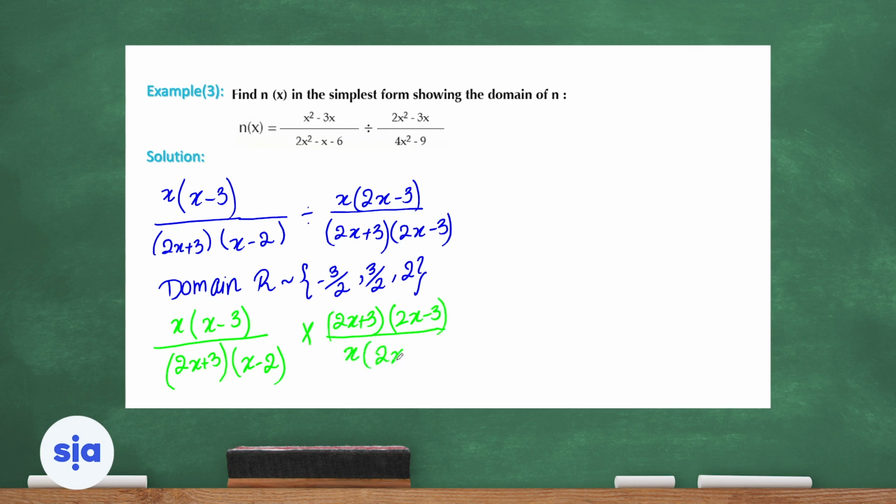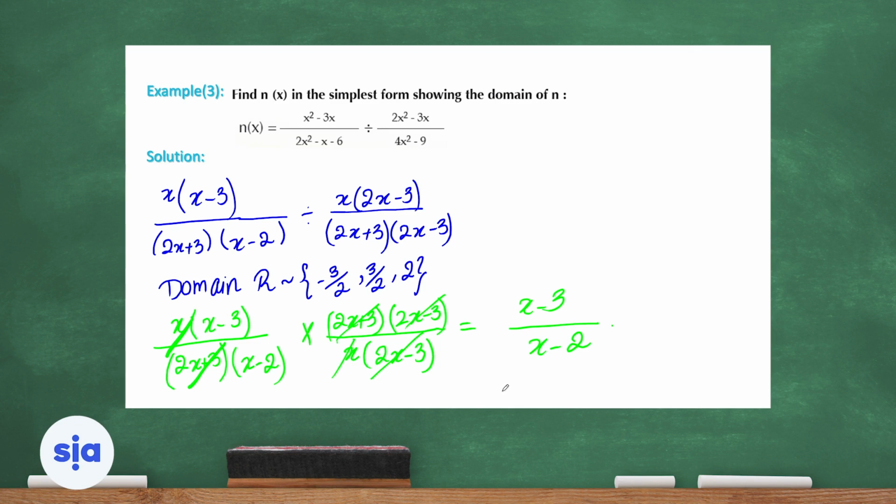Now start crossing out, start simplifying. So the 2x minus 3 will be crossed out with the 2x minus 3, the 2x plus 3 with the 2x plus 3, the x with the x. So what will be left for us in the simplest form is x minus 3 over x minus 2.